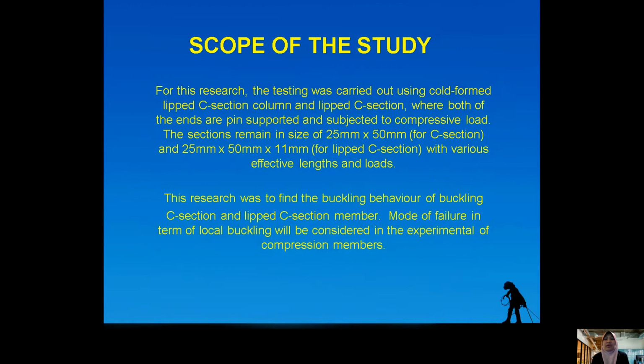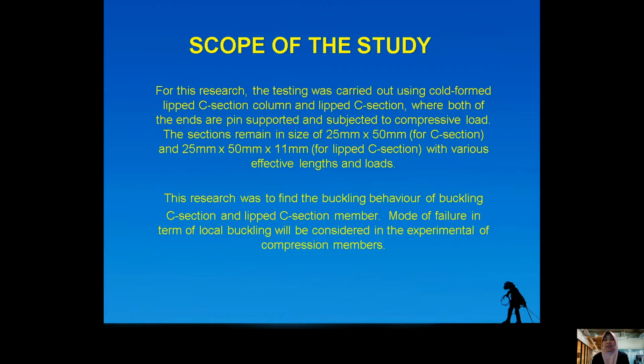The scope of my research is that the testing was carried out using cold form C section column and lip C section column, where both ends are pin supported and subjected to compressive load.